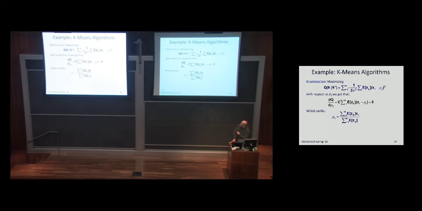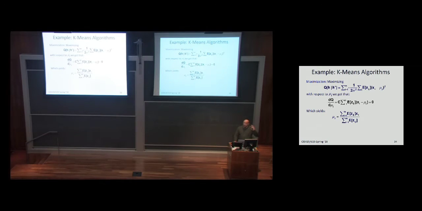And what I'm going to do is differentiate with respect to each one of the parameters. If you differentiate with respect to each one of the parameters, this term here is going to disappear. And what you're going to get is the sum of E zij times x minus mu_j, and I want this to be 0. There is some constant that comes from the power here and from these terms, which I fold into this C. So what did I do?